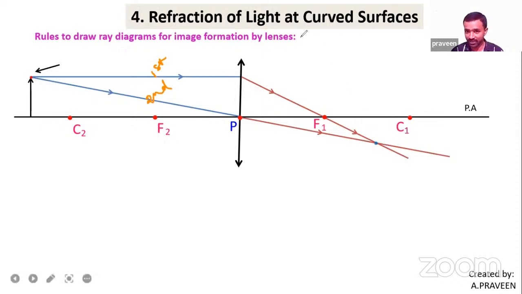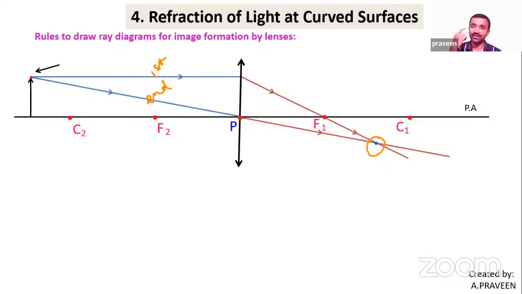At this place you obtained the converging point of the refracted light rays. If you don't obtain a converging point, then what to do? They may be diverged. So extend them in the backward direction. In the backward direction, maybe they will give you a common point, so you will get a diverging point.